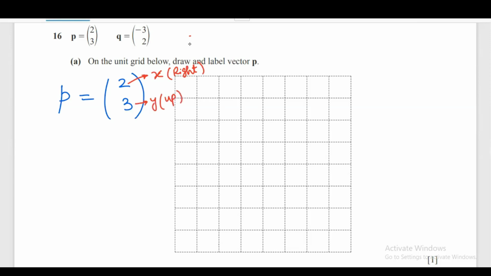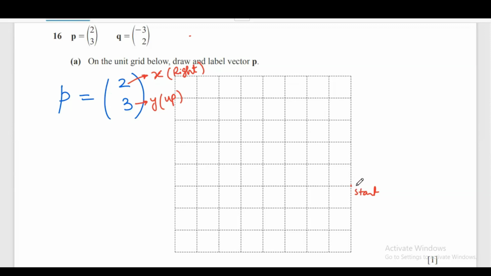So the first step is you have to select a starting point on this grid, but not beyond the range. Suppose if you select this as your starting point, it will be beyond the range, because when you count 2 units in x, it will be beyond the range.